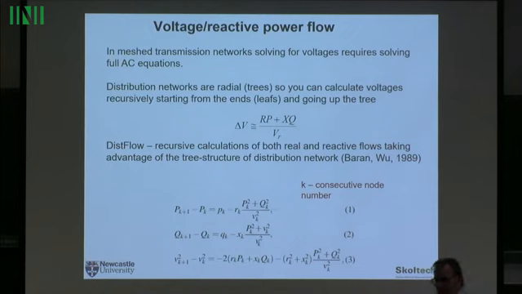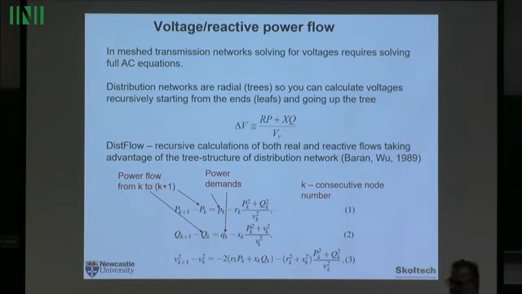It is numbering according to the tree. P_k and Q_k are the power flow from node k to node k plus 1. These are power demands, sorry. If you start at the end in a recursive way, you can calculate both real and reactive power and the voltages. Here you can see the equation for the voltages. So this is DistFlow. I think Kostya Turitsyn likes it, and he had a number of papers about it.